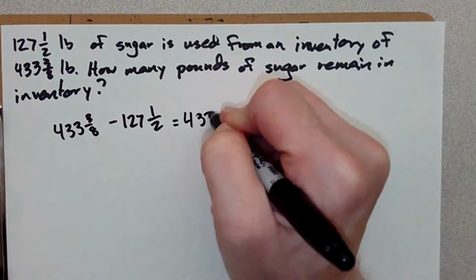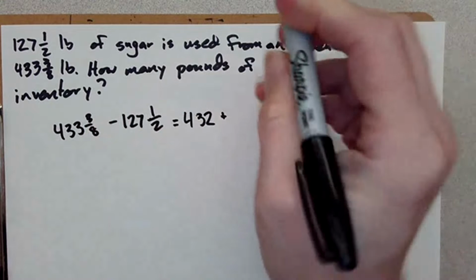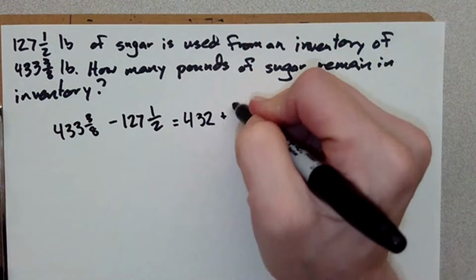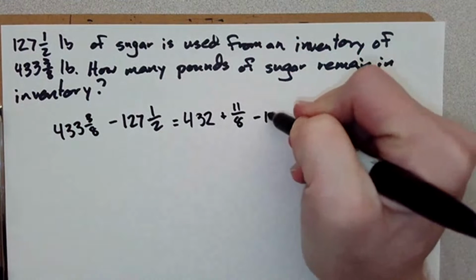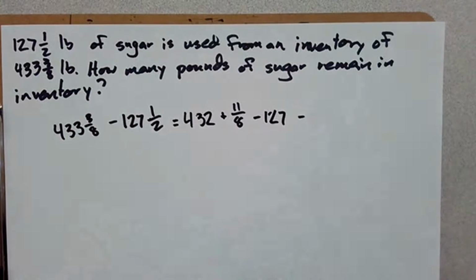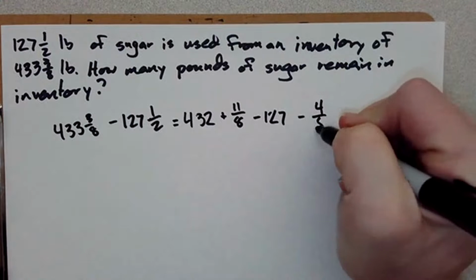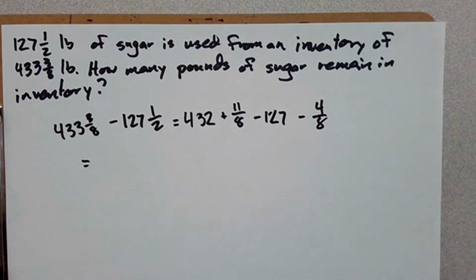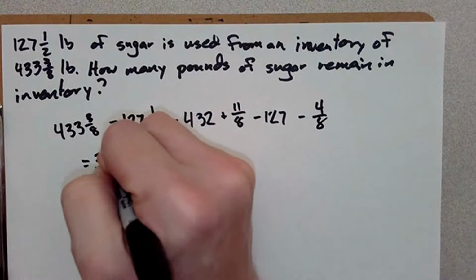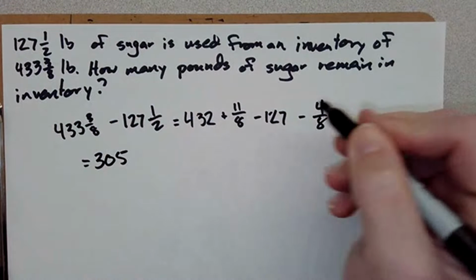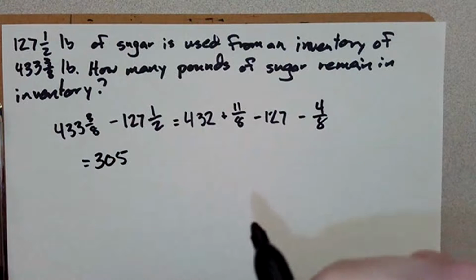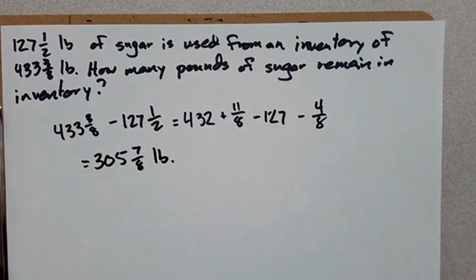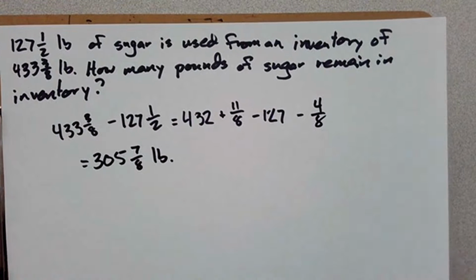That's 432 plus 3/8 plus 1 is going to be 3 plus 11/8, minus 127 minus, we'll turn this half into eighths, that's 4/8. Okay, so then we get 432 minus 127 is 305, and 11/8 minus 4/8 is 7/8. 305 and 7/8 pounds of sugar remaining in inventory.